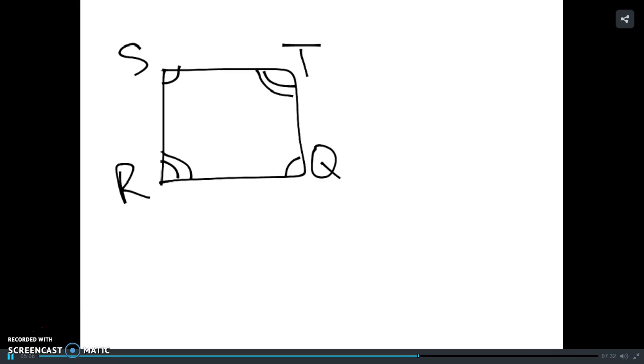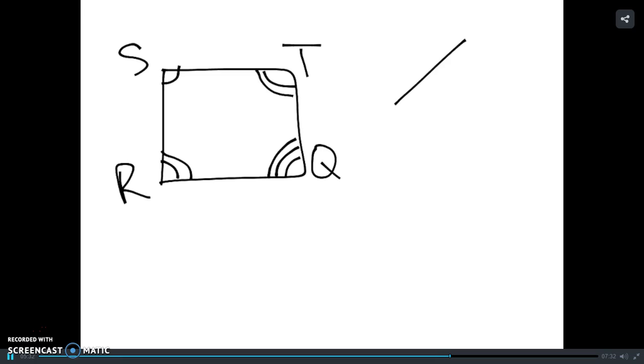Sometimes they're not going to give you enough information. So instead of giving you this, they might give you something like this, right? So we know that R and T are congruent, but we don't know that S and Q are congruent. And so you would say, no, none of the tests that we learned are valid for this, and so it would not work out. I can't prove whether it's a parallelogram or not.